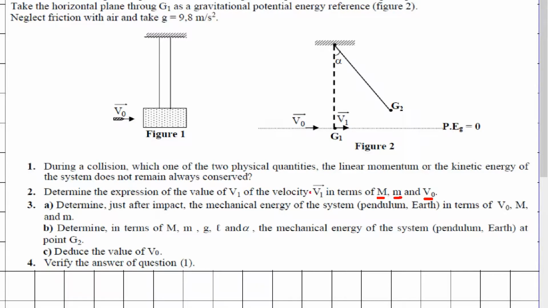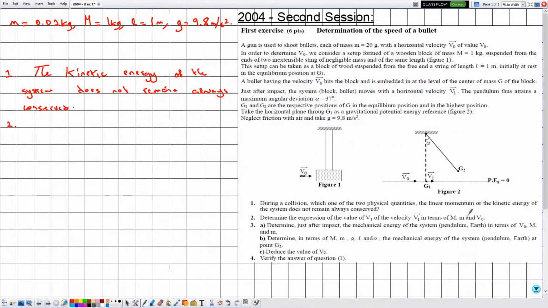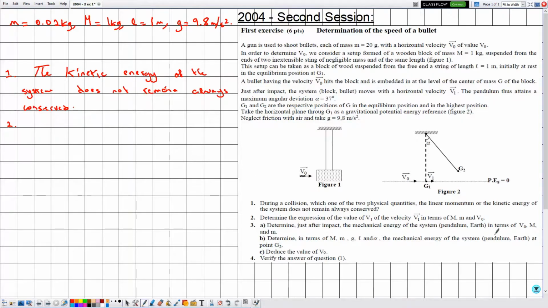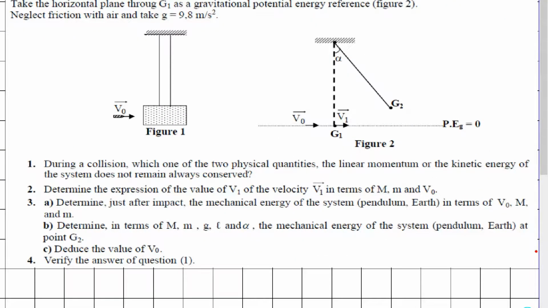Since we need to determine a relation between v1 and v0, you should always think about two quantities that are conserved, either the mechanical energy or the linear momentum. Since we are talking about two states, before and after collision, and during collision the linear momentum is conserved, we should think about the conservation of linear momentum. Moreover, the mechanical energy here doesn't allow us to determine this relation between v1 and v0.